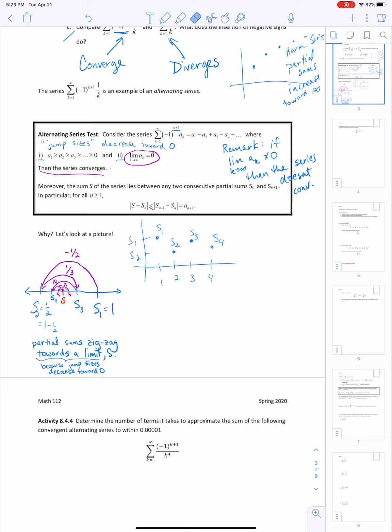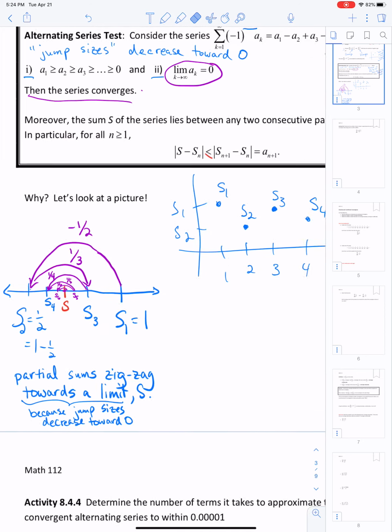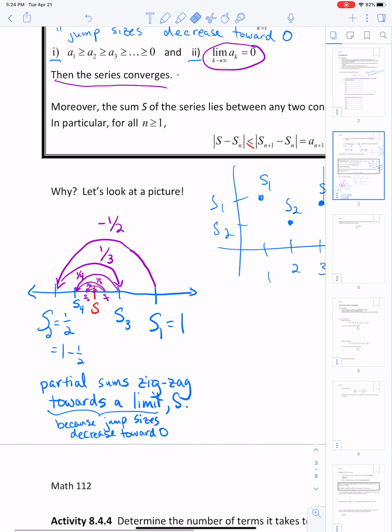All right, so now let's talk about an observation that we could have made already at this stage here. So I'd like you to notice here, this limit S, every time that we take a jump, so every time we add a new term, we hop over that limit S. Okay, so why is that?